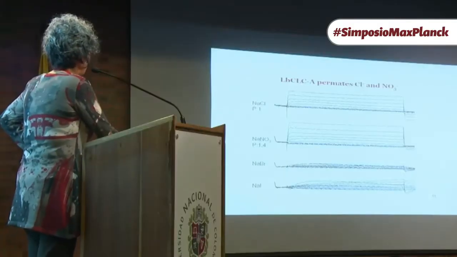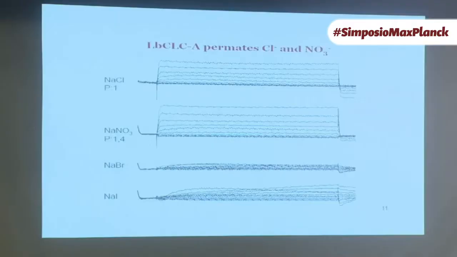What we found here is that nitrate was also permeable, and this is very interesting in the context of Leishmania, because nitrate is one of the radicals produced as a secondary product of nitric oxide production by the macrophage.